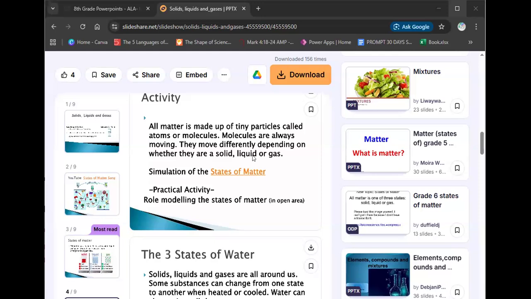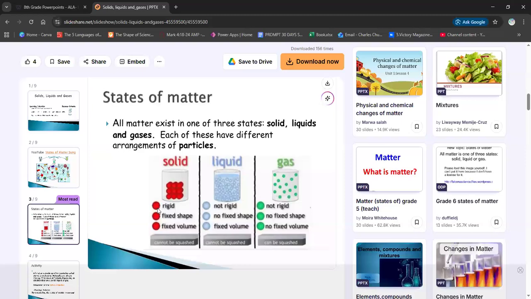We already know the states of matter: solids, liquids, and gases. If we need to say a bit about the particles in solids, liquids, and gases, you can see that solids are rigid, they have a fixed shape, and they have a fixed volume. Their volumes don't change.